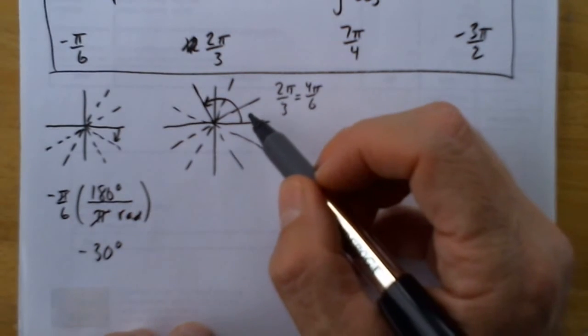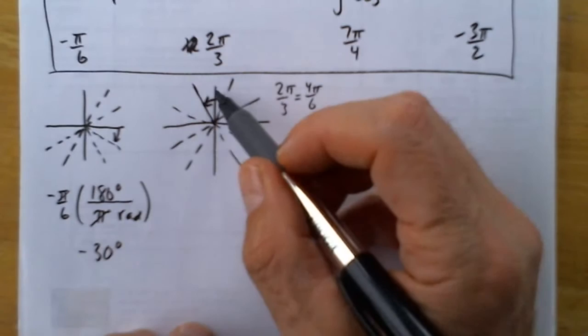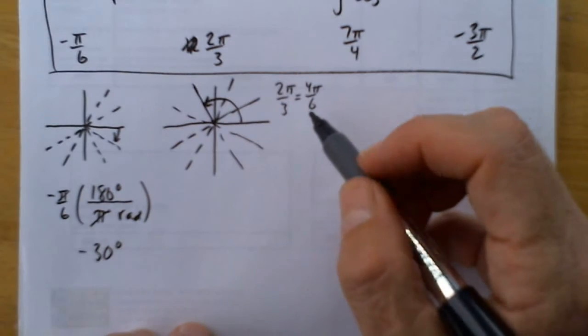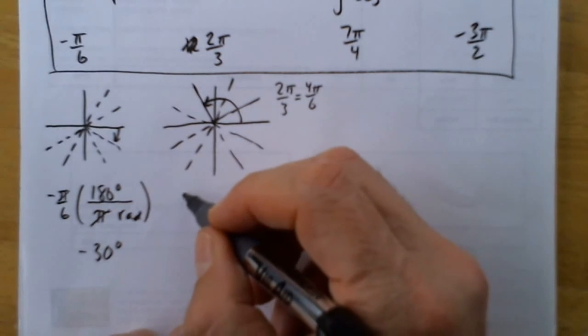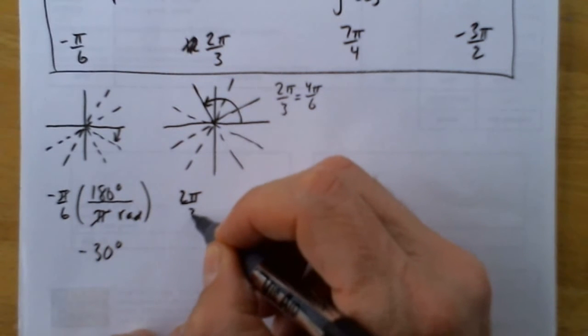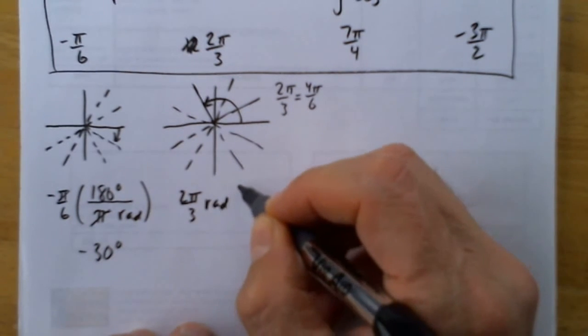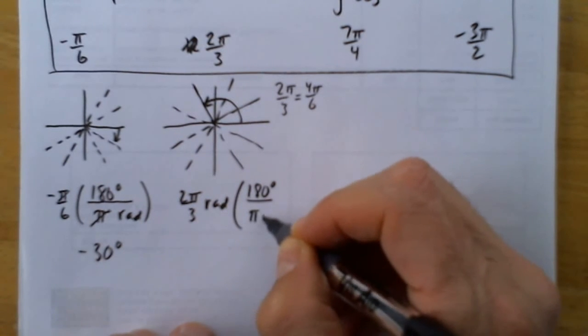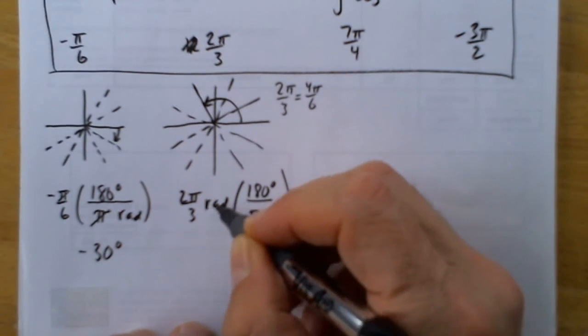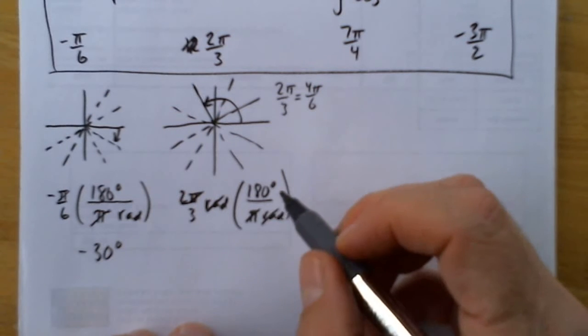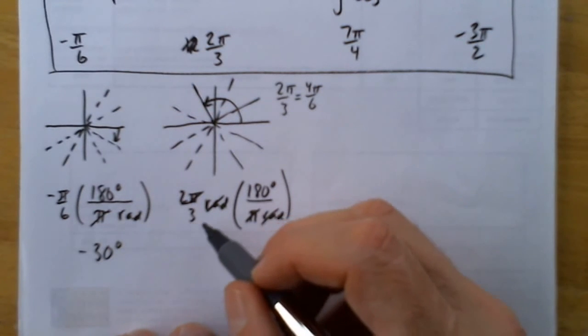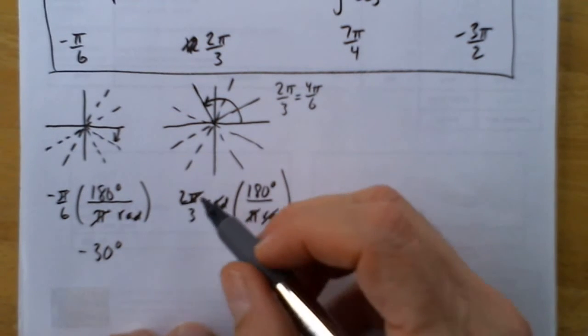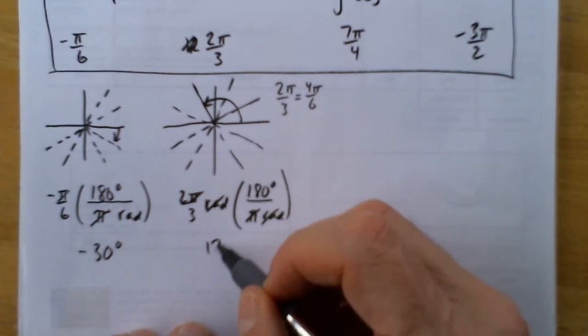And then we can see that it's 30, 60, 90, 120. So we know the angle is 120. To show the work, we have radians times 180 over pi radians. 180 divided by 3, 60 times 2, so that'll be 120.